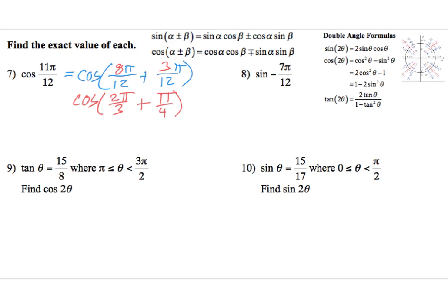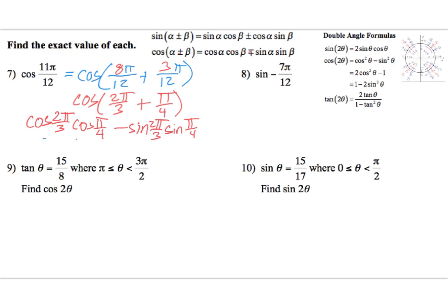Okay, you're going to use your unit circle for this once we break these things up. So cosine of a sum is going to be the top here, so minus. It's going to be cosine of 2 pi over 3, cosine pi over 4, minus sine of 2 pi over 3, sine pi over 4.